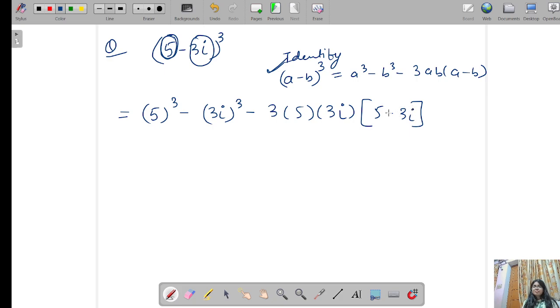Alright. And further I have to solve 5 cube is 125 minus 3 3s are 9, 9 3s are 27 iota cube minus 5, 15, 50, 30, 45 iota.